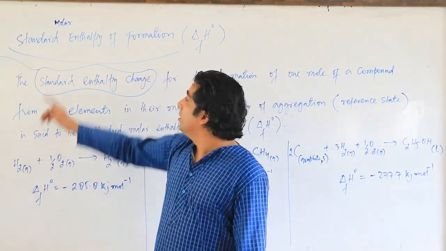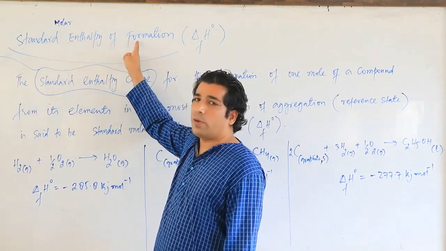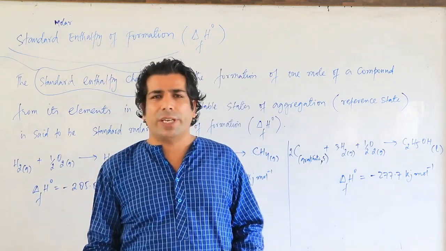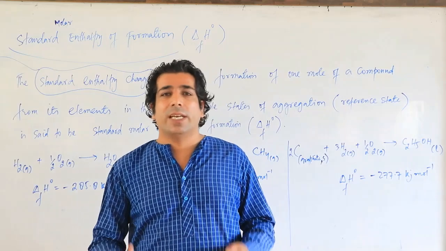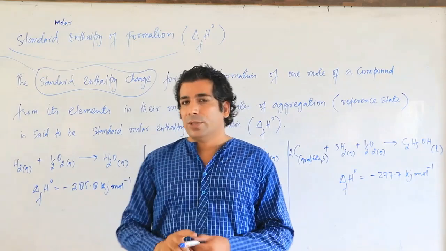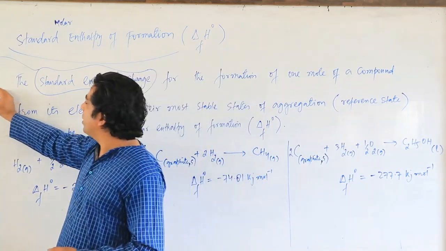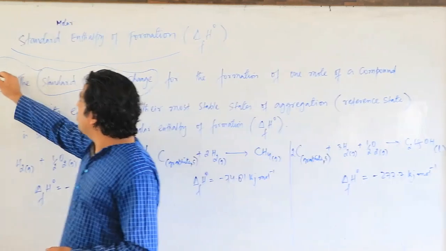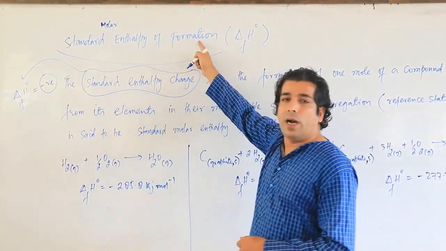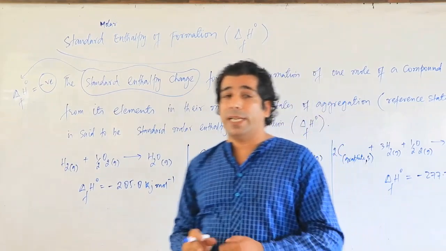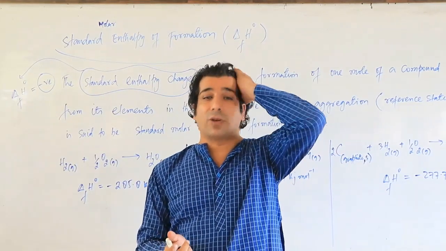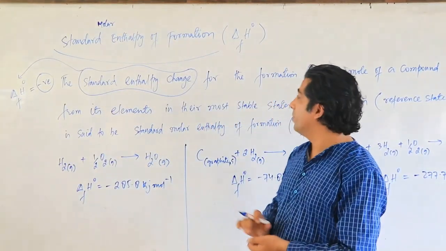Which thing? Standard molar enthalpy of formation. Mostly the formation reactions are exothermic, means heat energy is released. So obviously you can mention here that the formation reactions are exothermic, that means energy is basically given out, released. So let's go further.